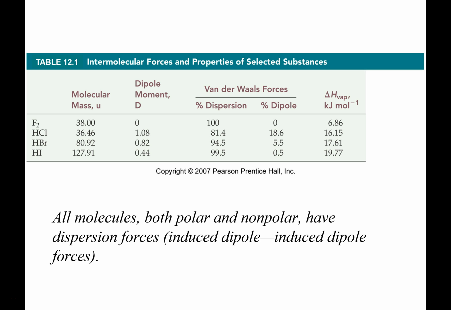But notice, why is HI's heat of vaporization higher than HBr's? What do you think? See this guy? Why is it the highest of these three? This guy's polar. And with increasing heat of vaporization, you're having to put in more energy to break the bonds to make it go from a liquid to a gas. It has a higher mass.